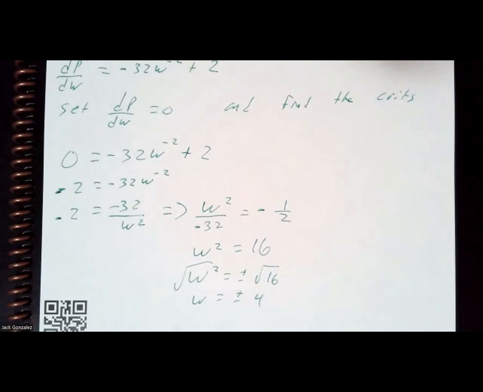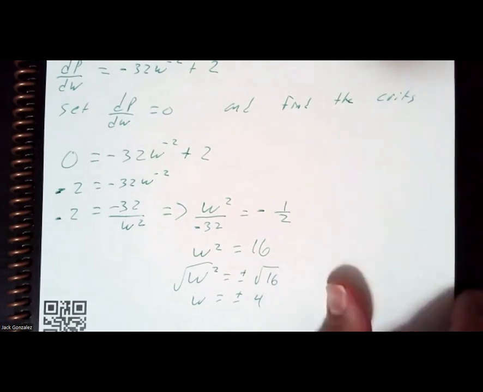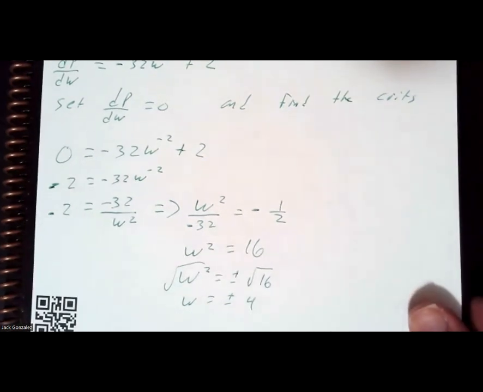Is there such a thing as negative width? No. Yeah, so we can rule that out real quick. So the width should be 4. Okay.